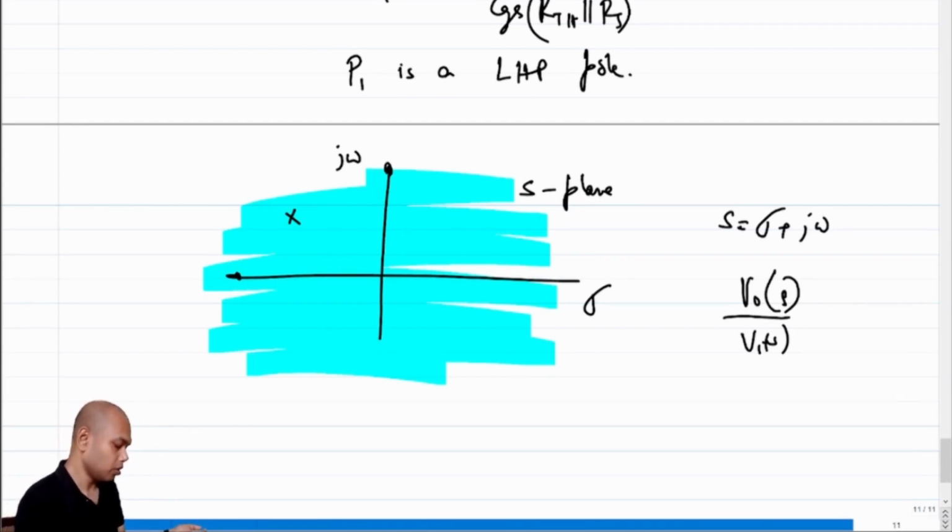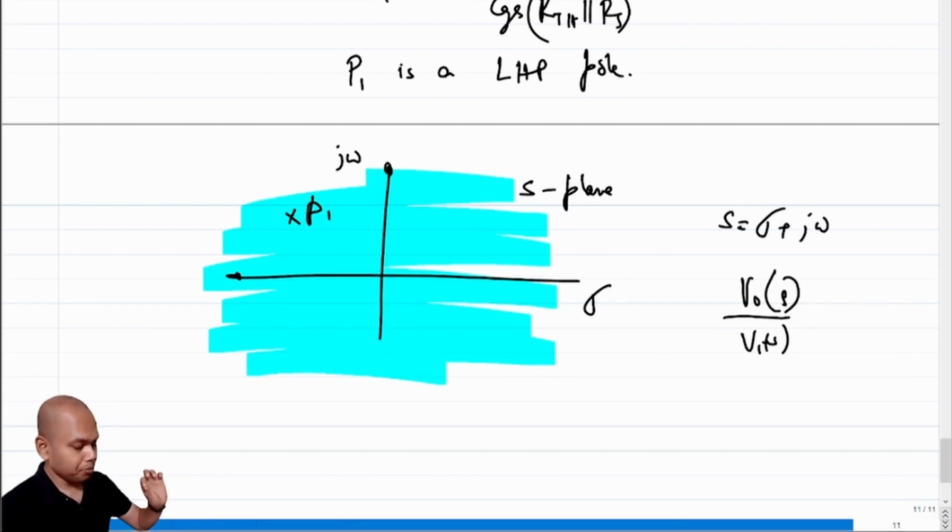If it goes to infinity there, we call this guy a pole. Let's say we call this P1. So pole is basically that location in the S plane where the transfer function goes to infinity.